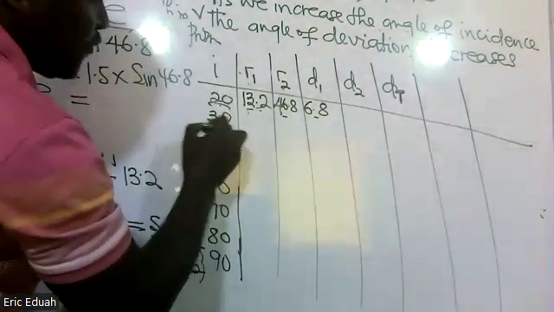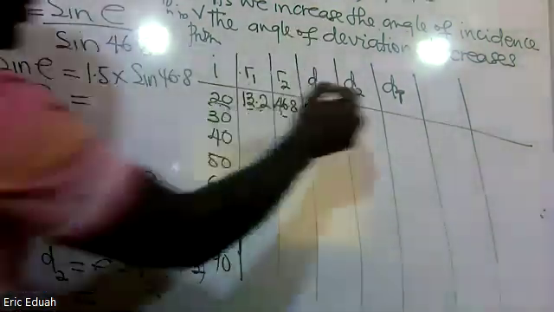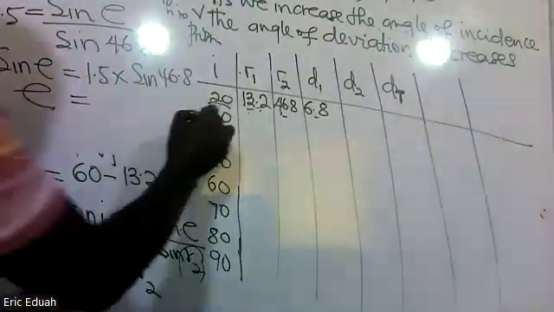Especially, I think R1 and R2, check if they are correct, okay? Because I want you to finish the table. When you finish it, it will give us a trend, the trend of D total, okay?